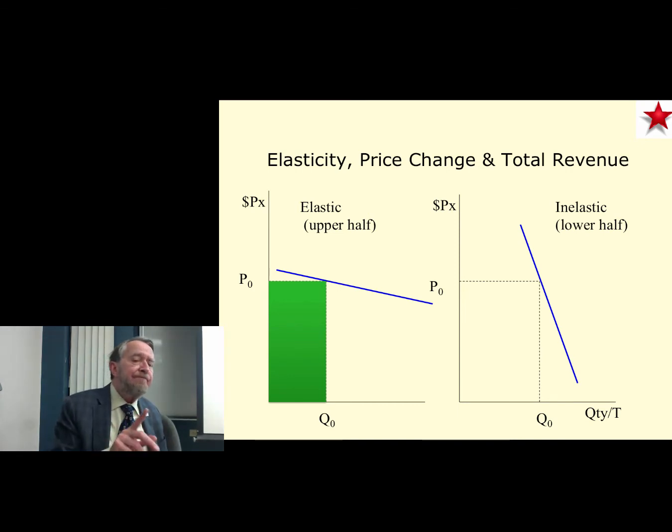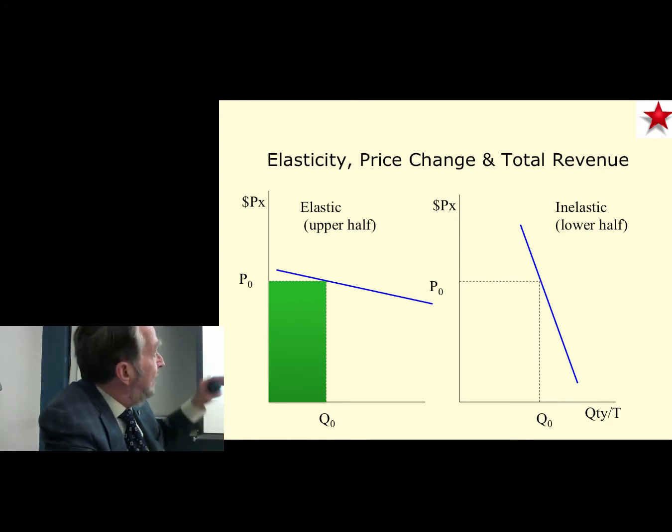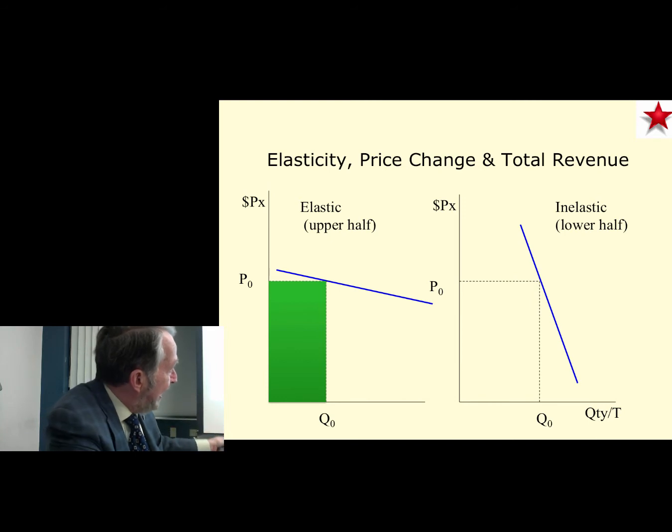Understanding that, you can then draw accurate curves geometrically by simply drawing the curve so that you're on the upper half or the lower half. So in A, if you look at this demand curve, extend it all the way out to where it would meet the axis. You're clearly on the upper half of the curve. That is an elastic demand curve. So geometrically, when you lower price, it will show that total revenue goes up.